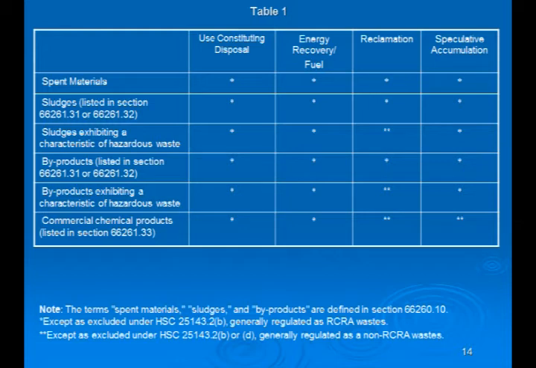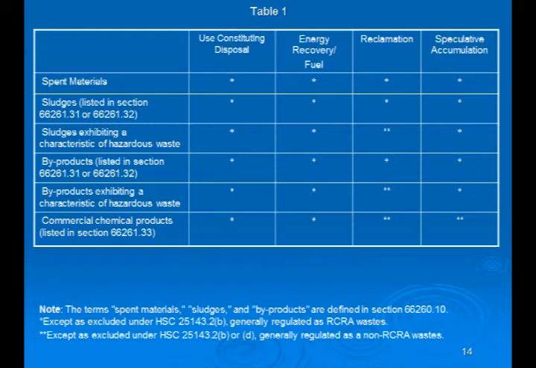Okay, so going across to the right, you have 4 kinds of recycling. All right, and these are use constituting disposal, burning for energy or use as a fuel, reclamation, which we're talking about, and speculative accumulation. Okay. The table in California basically says, no matter what kind of material you are, and no matter how you recycle it in one of these 4 ways, you're identified as a waste.